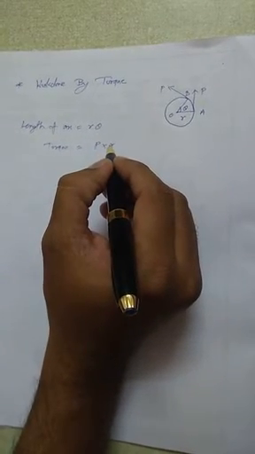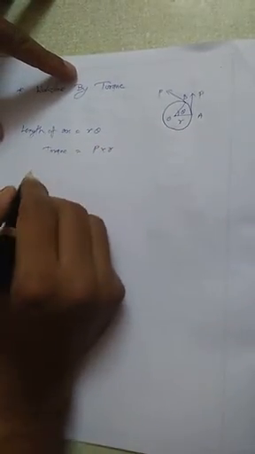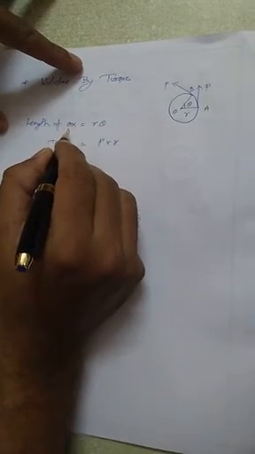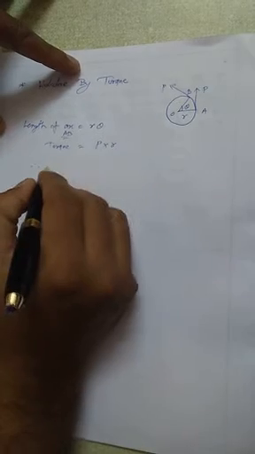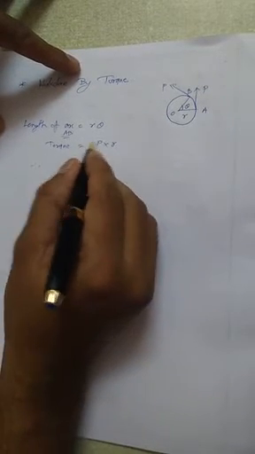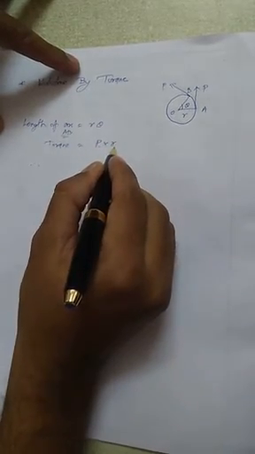So that is the torque. The length of arc AB will be r into theta, and the torque is P into r. P is the applied force, and the radius is r.